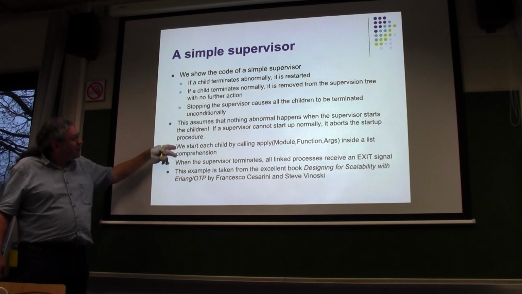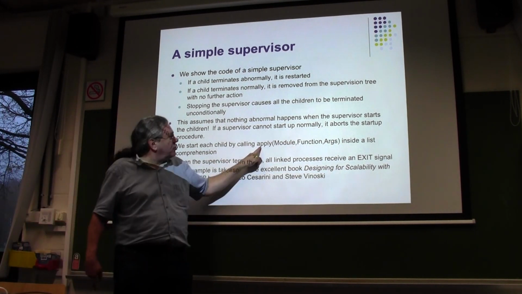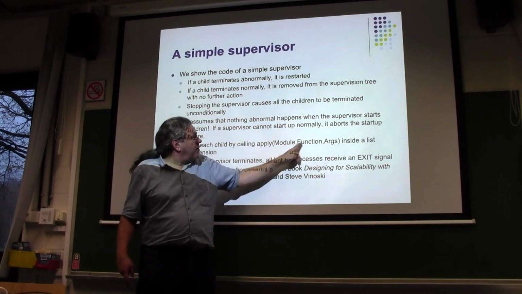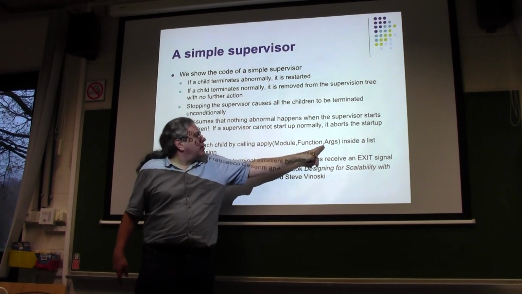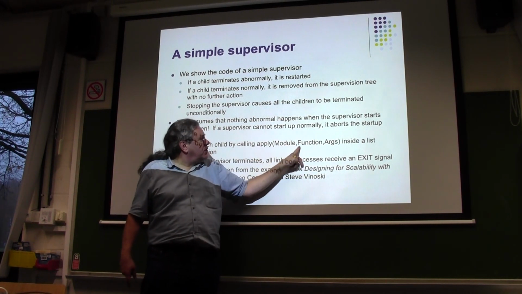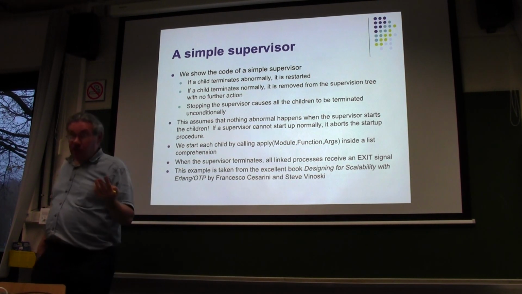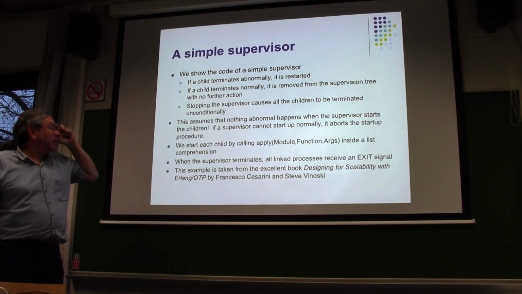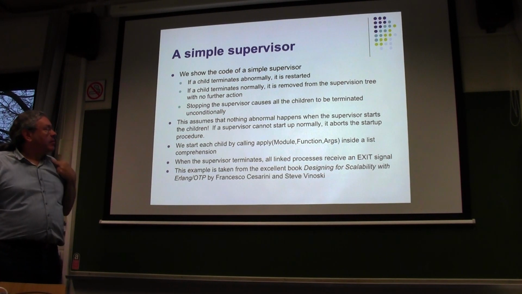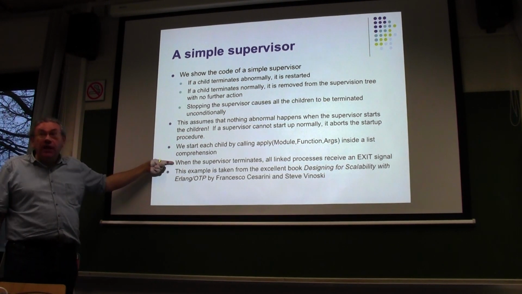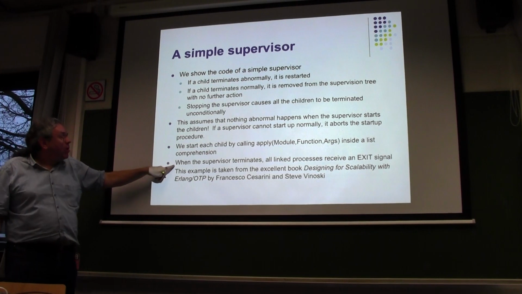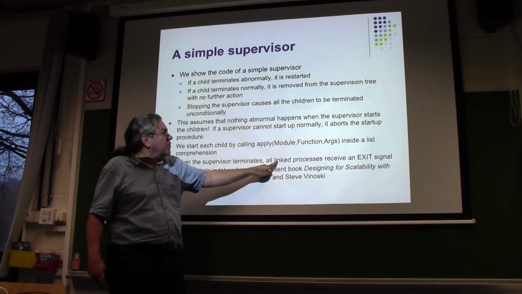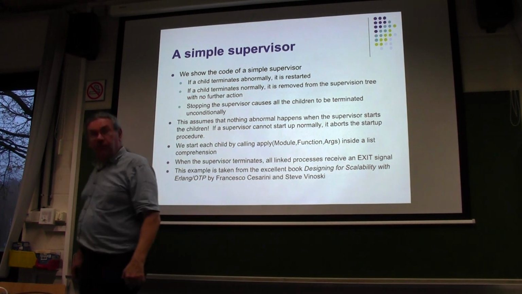And each child is started by calling an Erlang function called apply, where you have the module, a function, and the arguments. So this function is the one that actually creates and links the child to the parent. And we use linking for this. Remember, when the supervisor terminates, all linked processes will receive an exit.